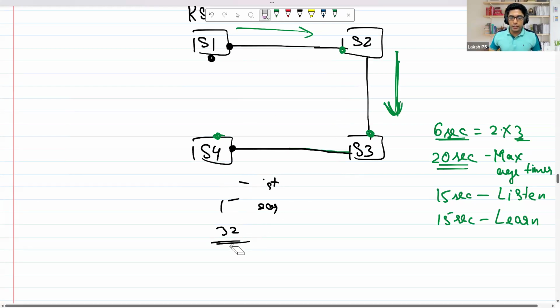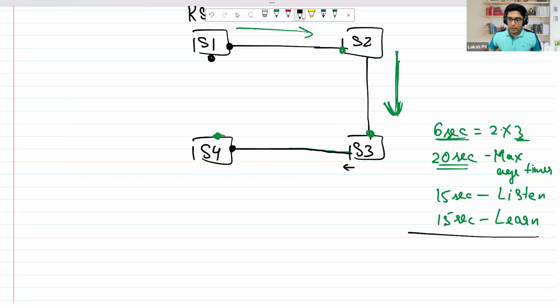Clear? So basically what is happening in an indirect topology change, the total time taken by switch number 3 to open up its interface is 56 seconds. It takes 56 seconds for a switch in an indirect topology change to open up its blocked port.